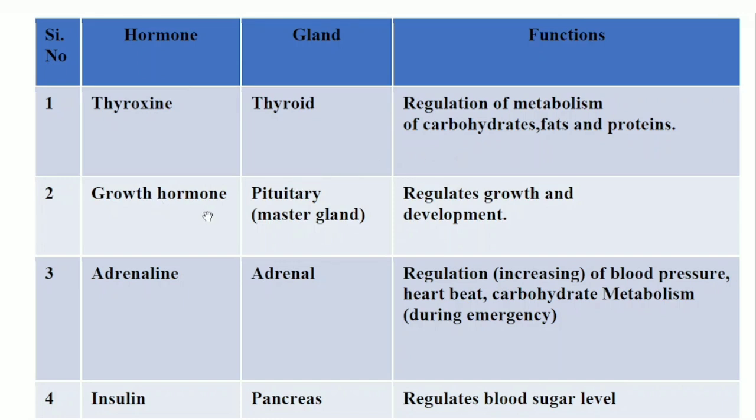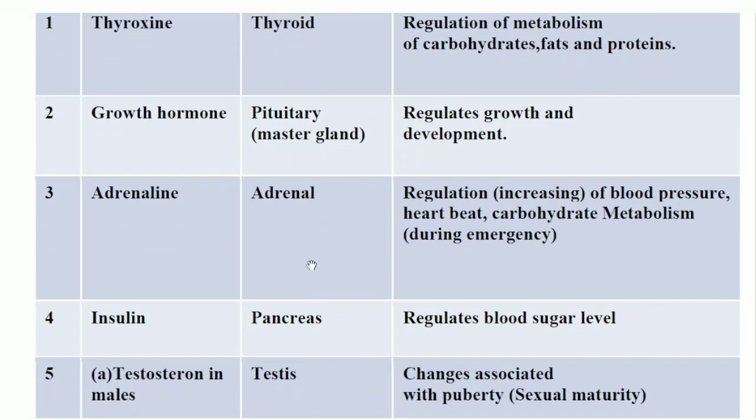Growth hormone is secreted from the pituitary gland. This is the master gland because it controls the whole body of the human being. It regulates growth and development. The total development of the body depends on the pituitary gland.